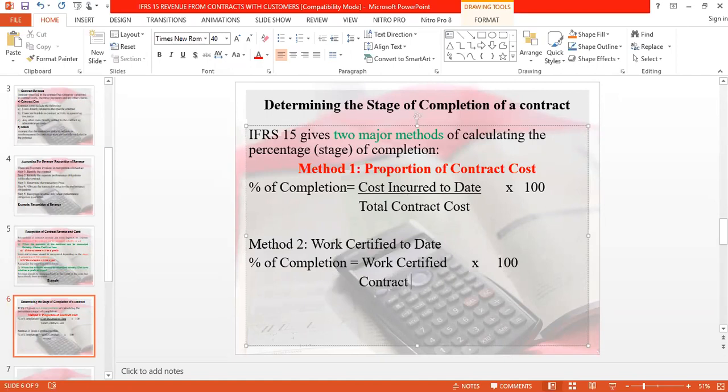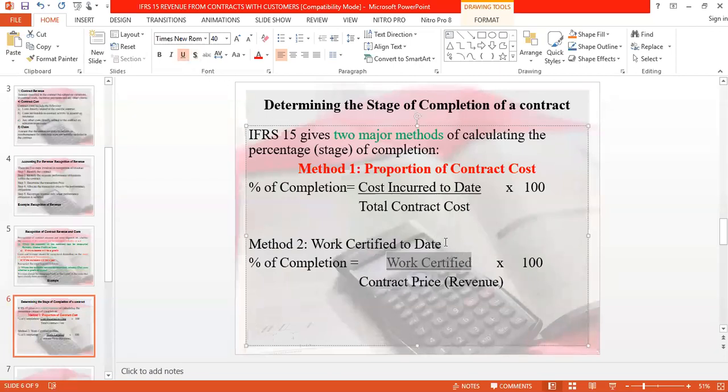Remember, contract price is the revenue. So take note of that. Contract price is the revenue.